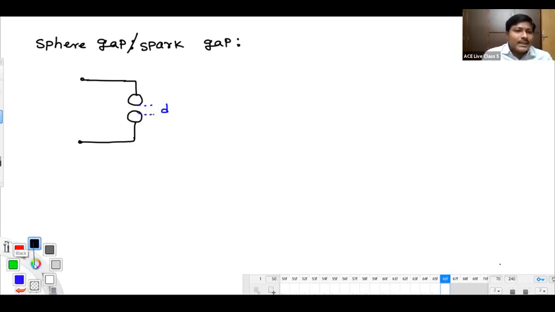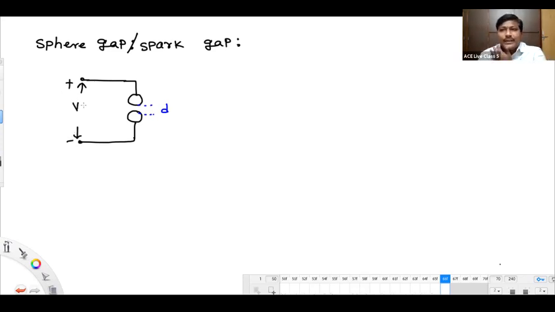You are applying some voltage across the sphere gap as V. If that voltage applied across the gap is low, then electric field intensity across the gap is low.